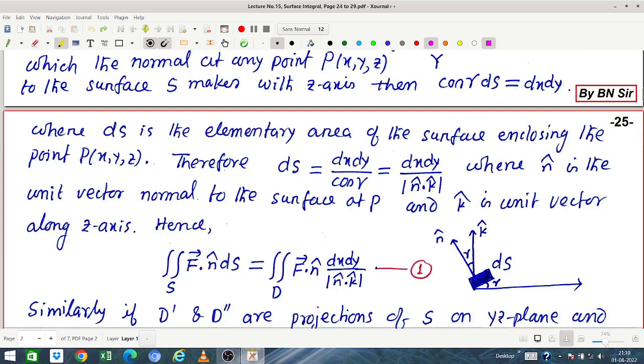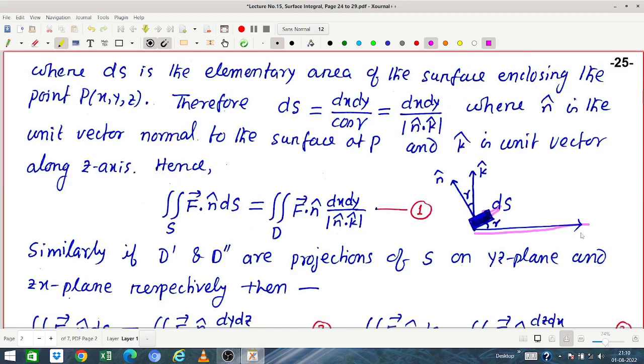This is the small surface element, here it is a magnified view, and n cap is the unit vector normal to this surface, and k cap is the unit vector along or parallel to the z axis, and the angle between n cap and k cap is gamma. So this surface element is inclined at an angle gamma to the xy plane.